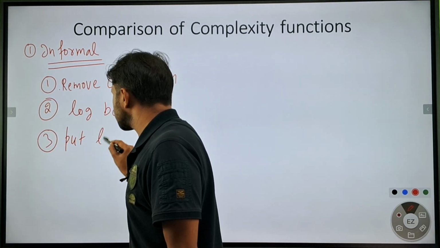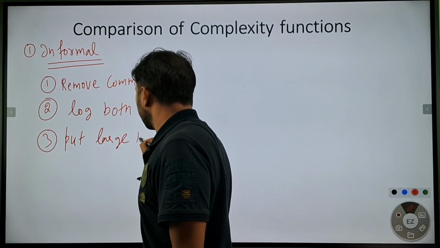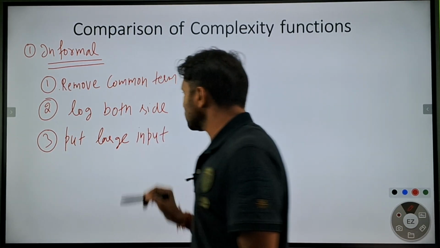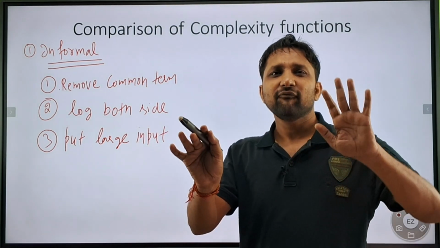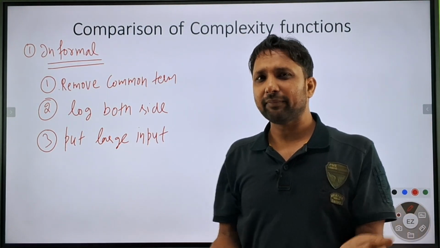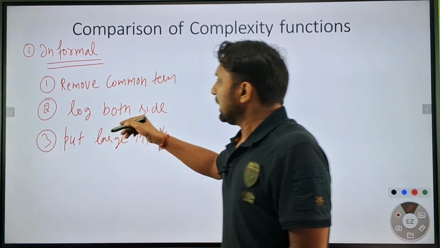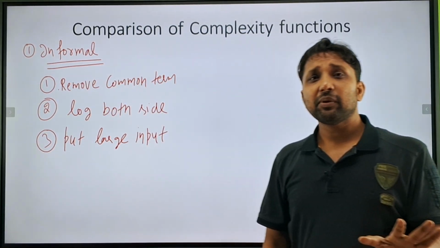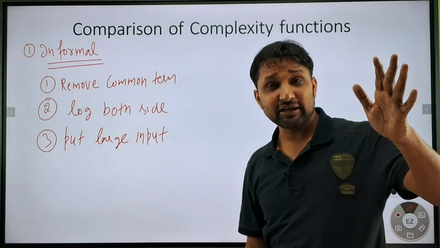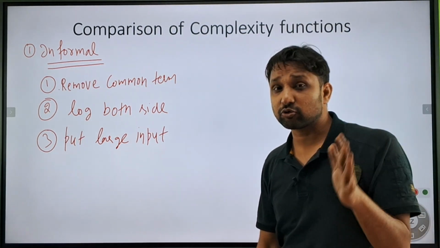If you put some large input value, you will find out which is taking less time, which is taking more time. You can easily find out. So just apply these 3 steps and you will definitely be able to find out which function is growing faster, which function is growing slower.